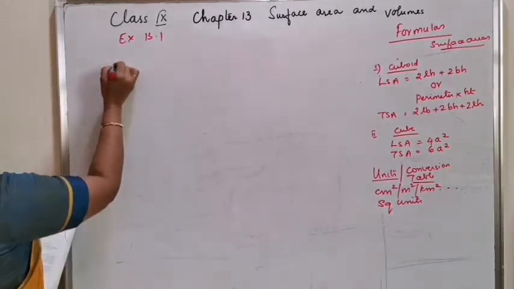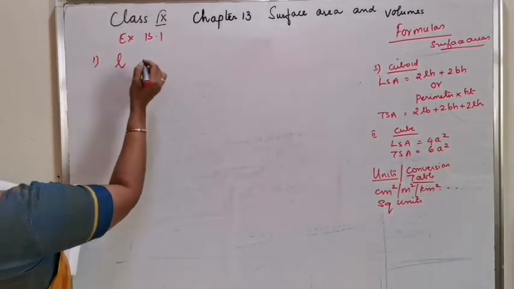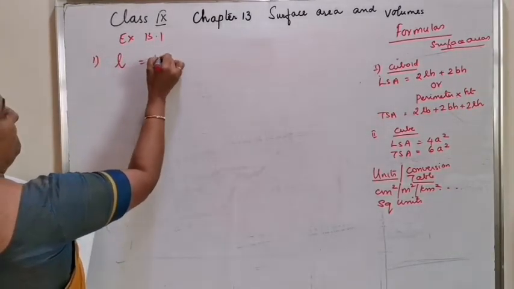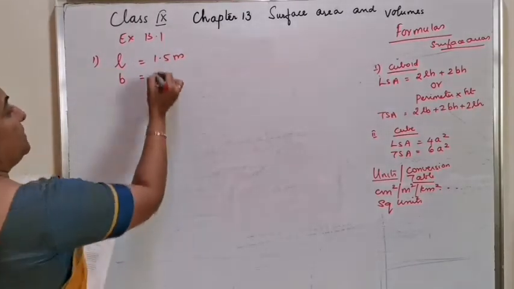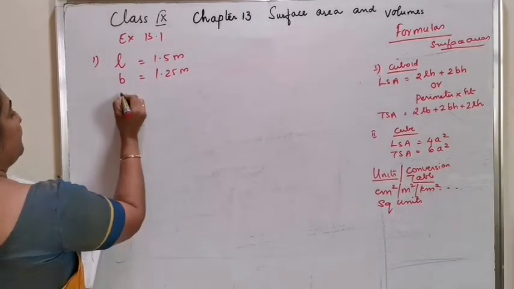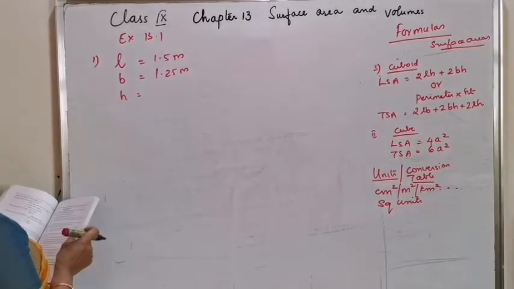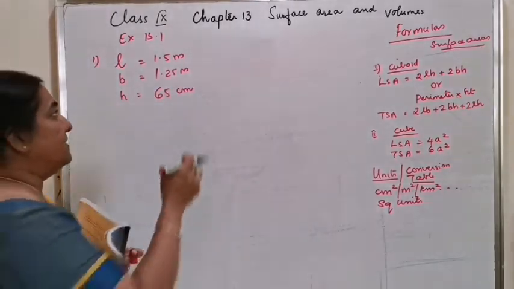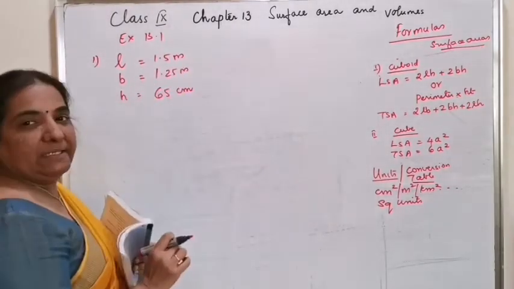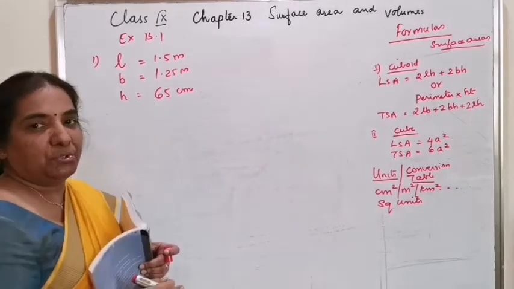So, length is equal to 1.5 meter, breadth is equal to 1.25 meter and height is equal to 65 centimeter. Since both the other dimensions are in meter, height also has to be converted into meter.